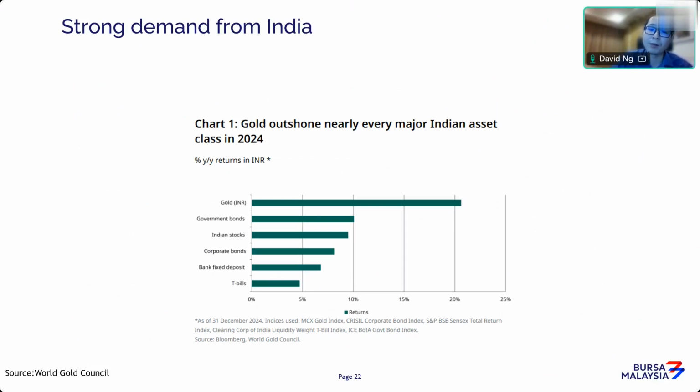That will again prompt them to buy even more gold. But again, like I said, consumers are very price sensitive, and as long as gold prices inch higher and higher, that will probably taper off demand going forward. So be mindful, and as long as there's weakness in India jewelry demand, I think that's usually the first sign that the market is probably going to peak at that point in time.